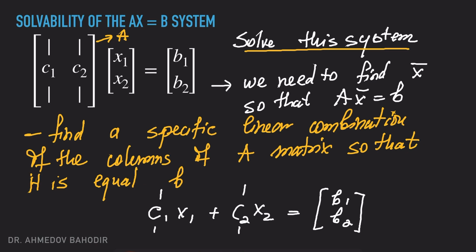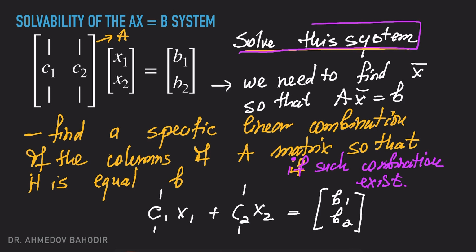So this system of linear equations is solvable if such a combination exists, okay?